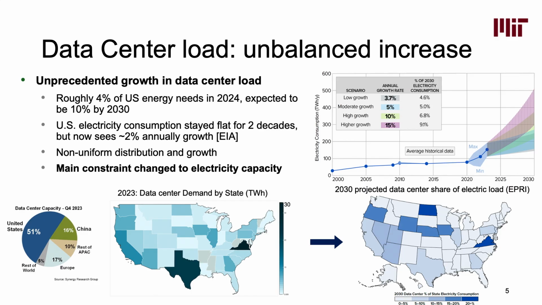And the third thing is that traditionally, when people were building new data centers, the main constraint was the availability of the network, because networks are really big constraints. But nowadays, electricity capacity becomes a big problem. So the increase is also heavily unbalanced. That's why most of the forecasted new data centers are going to happen in either Virginia, where traditionally most of the data centers are located in a small county in Northern Virginia, or Texas.